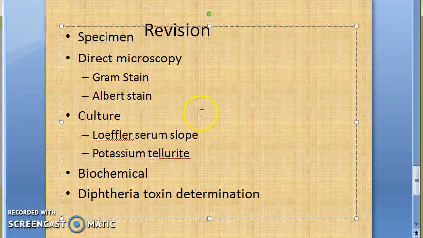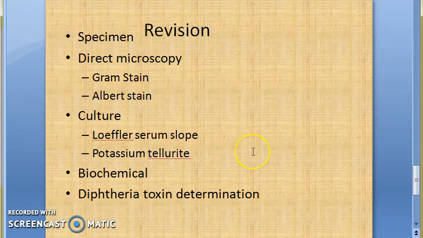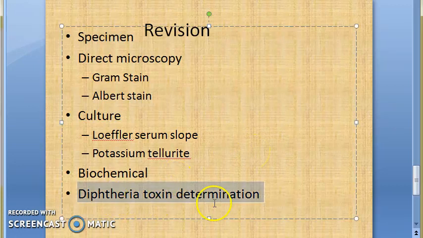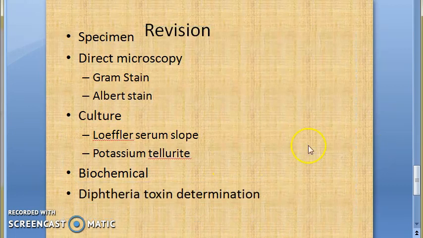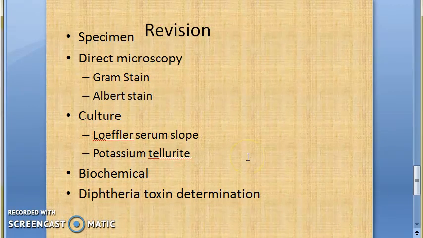In vivo and in vitro. In vivo you will do animal inoculation in guinea pig. In vitro you have Elek gel precipitation test, ICT, immunochromatographic test, and then you will find out tox gene, and cytotoxicity. Okay, so this much we have done for now. Let us meet in the next video for more.